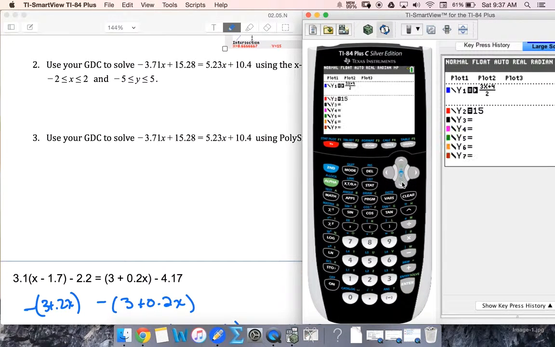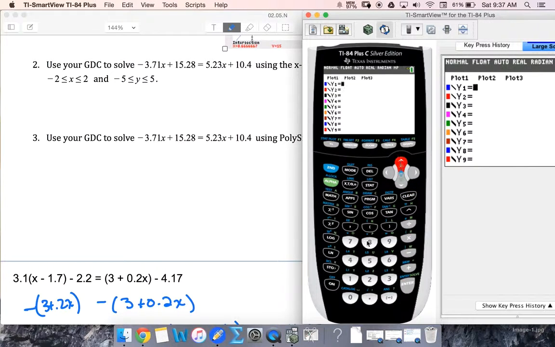So y equals, I'm going to clear out everything that's there, negative 3.17, oops, just 17x plus 15.28, and then I'm going to subtract 5.23x, and I'm going to subtract 10.4 because I want to make the right hand side equal to 0. So I'm going to subtract both of those to the other side.